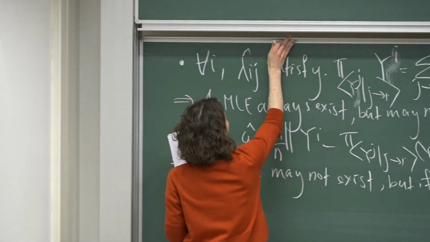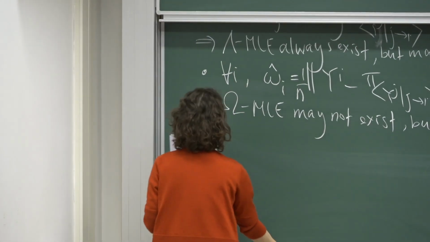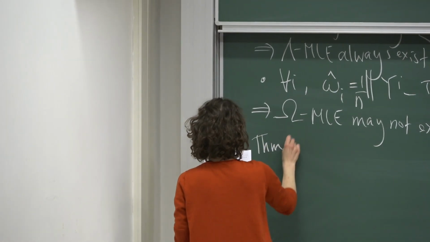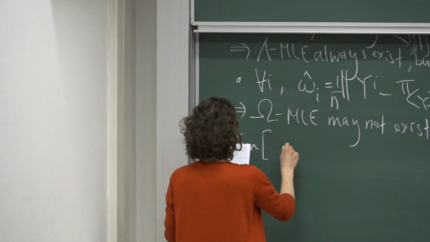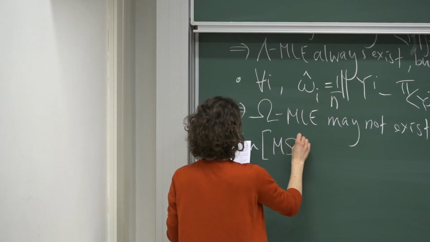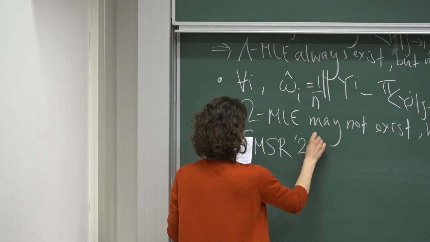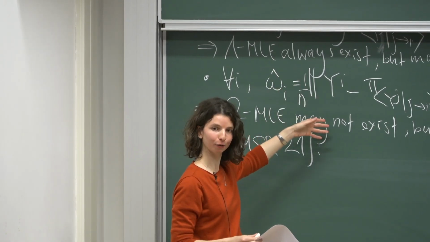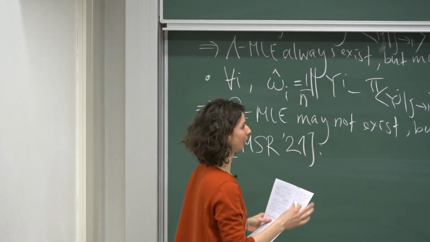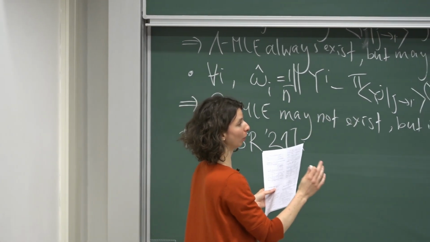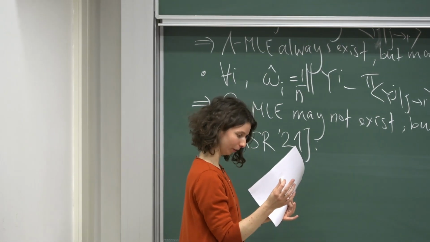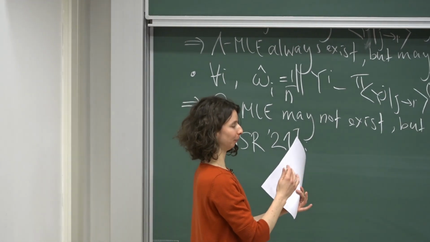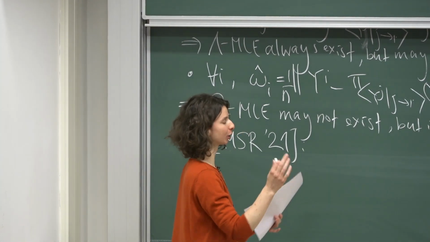Now I'll give a theorem from a paper by Visu Makam, Anna Seigal, and Philipp Reichenbach from '21, I believe, where they give these formulas and criteria for a sample that ensures that the MLE exists or doesn't exist, and so on.